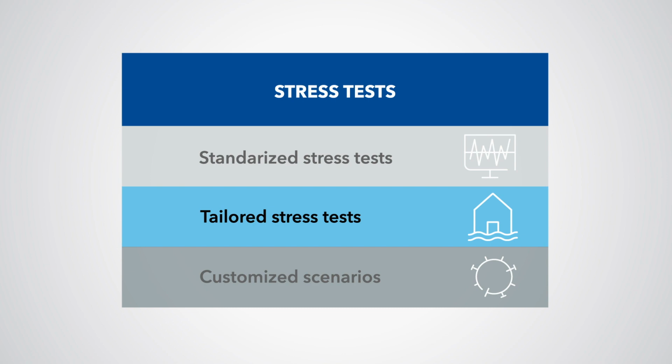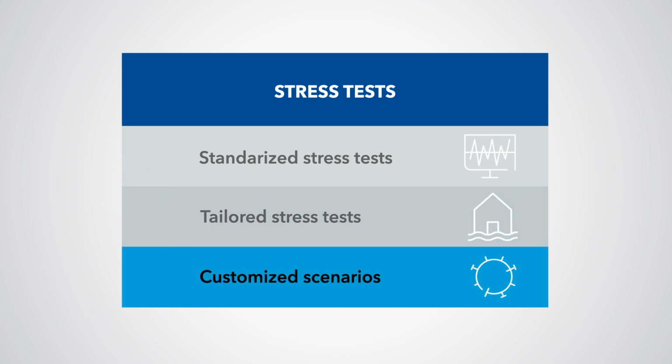The exception is the contingent liability stress test, which has a basic component that applies to all countries and tailored components that depend on country-specific conditions. And finally, customized scenarios, which apply to a specific country to capture idiosyncratic risks, for example, a civil war or an epidemic.